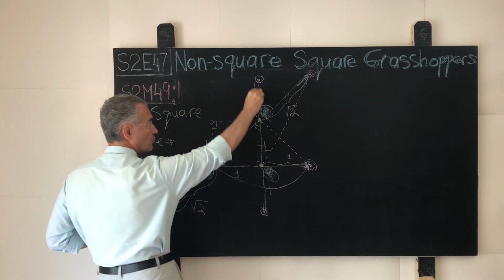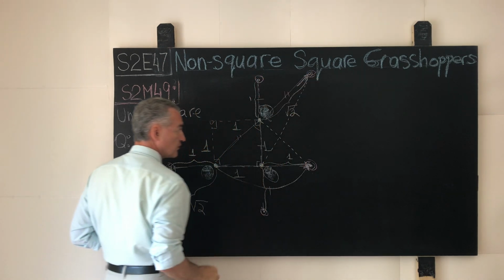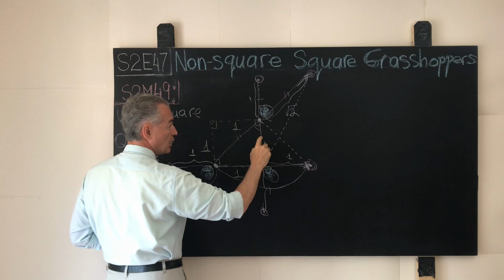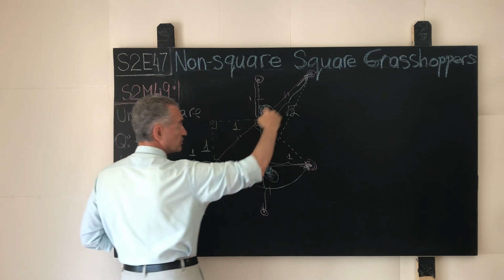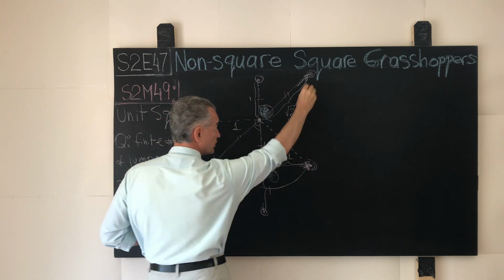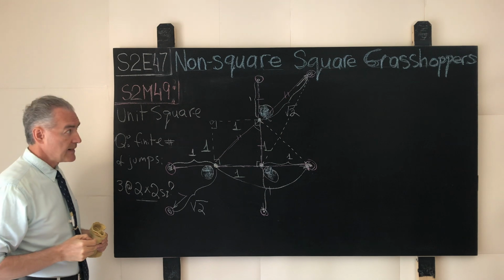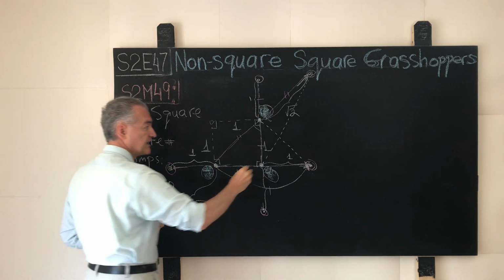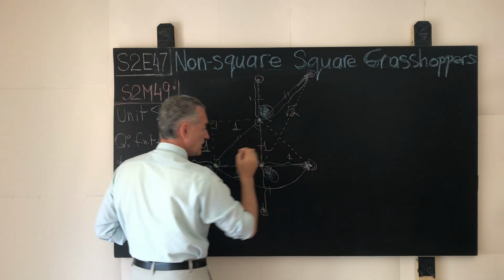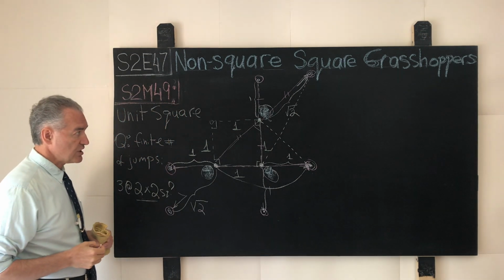Well, 2 squared, 4, plus 1 squared, 5, square root of 5. This distance will obviously be the same, square root of 2, but this distance from here to here will be square root of 5. So the distance between the grasshoppers in this case did change, or we can say it does vary. What else can change?